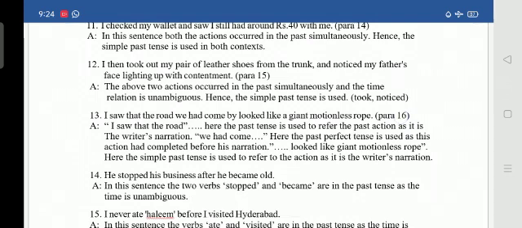I then took out my pair of leather shoes from the trunk and noticed my father's face lighting up with contentment. This sentence is in para 15. So, see here, the above two actions occurred in the past simultaneously and the time relation is unambiguous. Hence, the simple past tense is used.